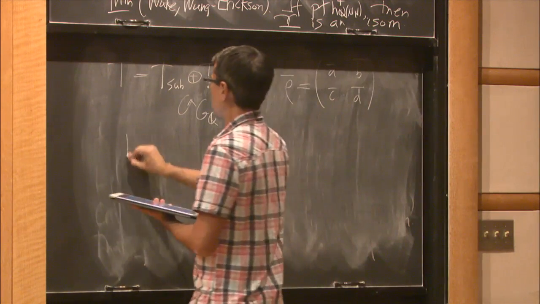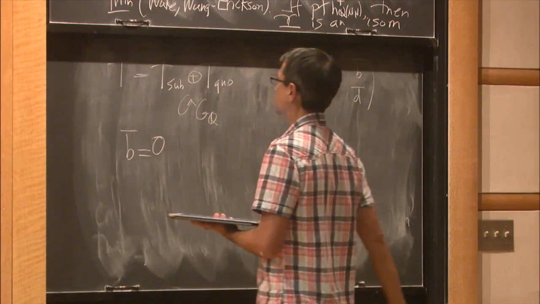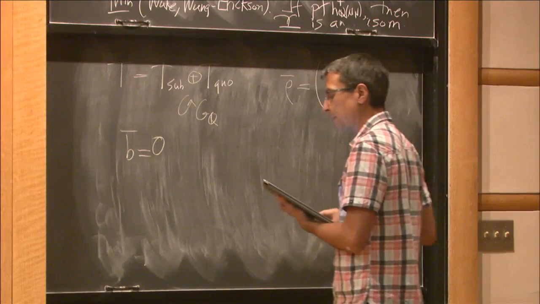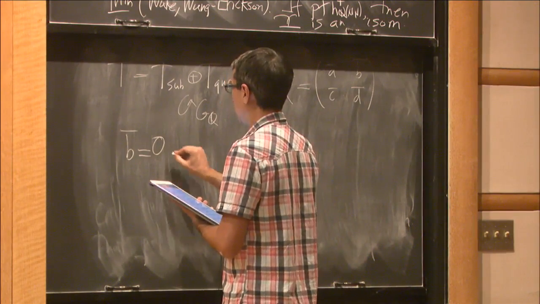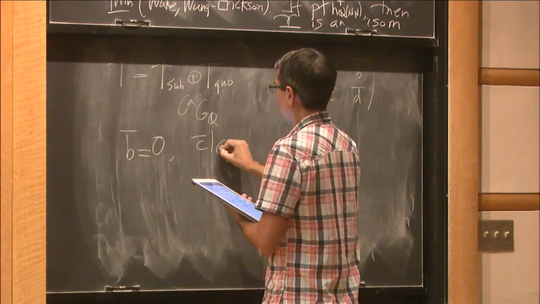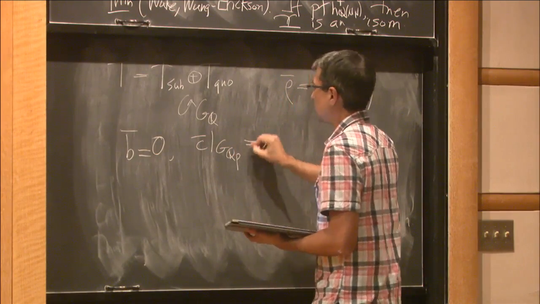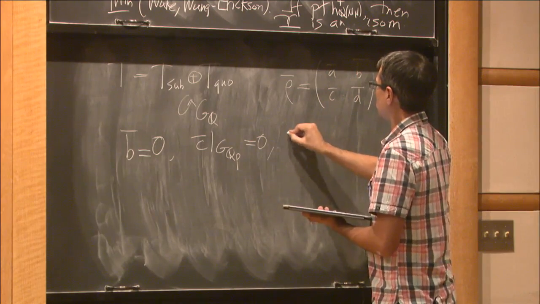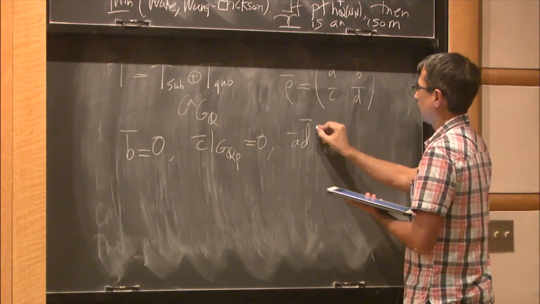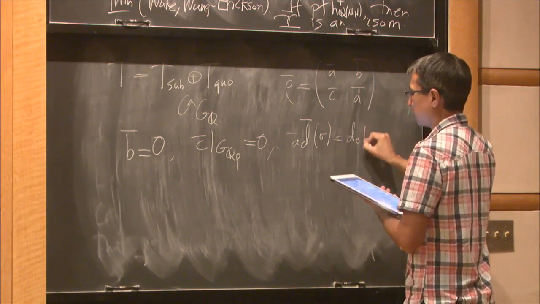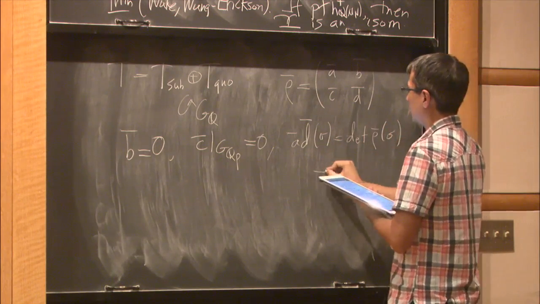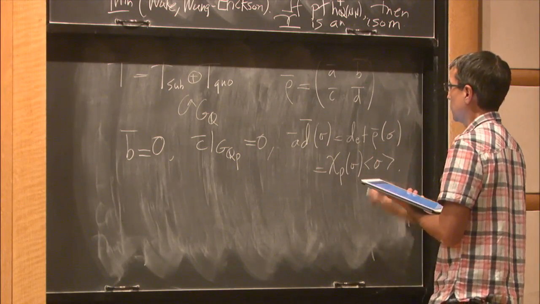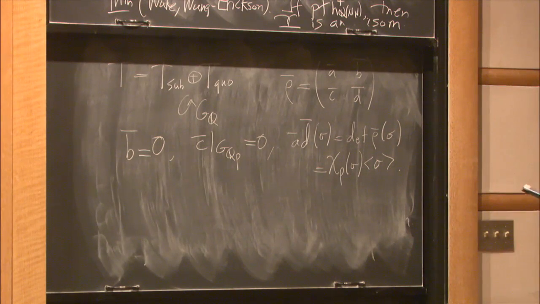And now B bar is 0, because it's locally split, C bar is 0. And then AD bar being the determinant, which is, as I was mentioning, chi p of sigma diamond operator sigma on some element.